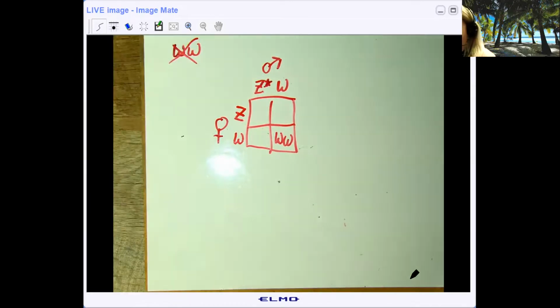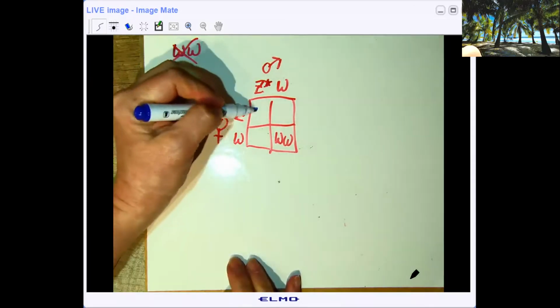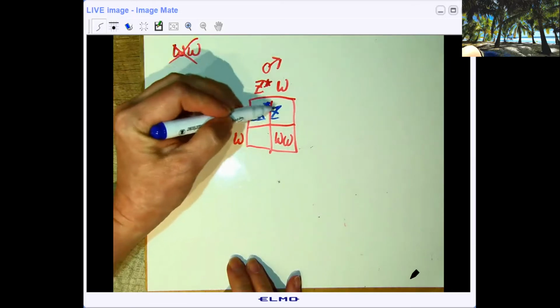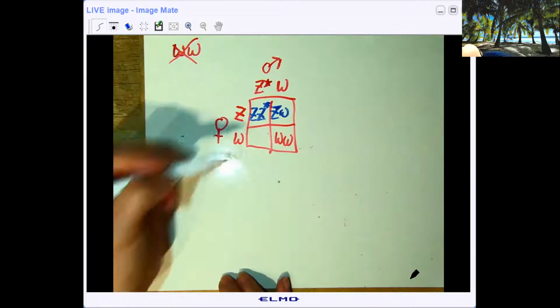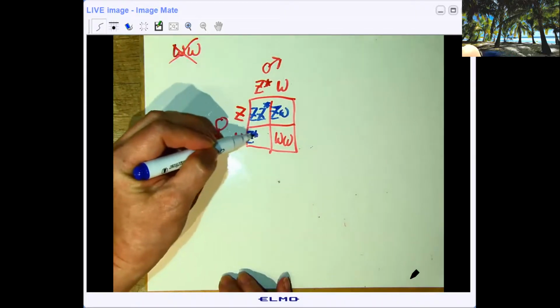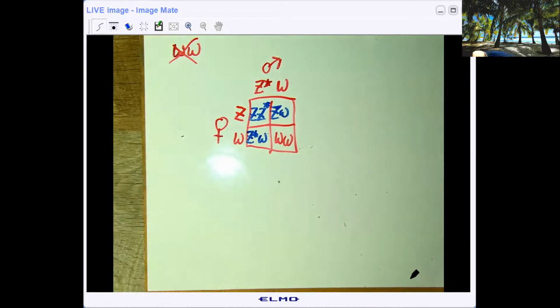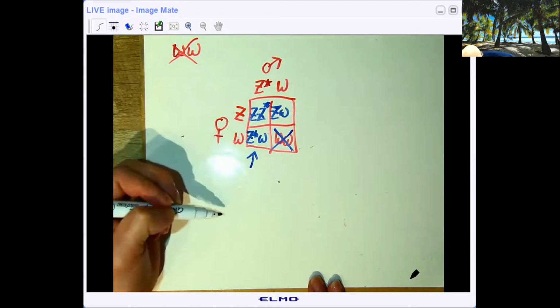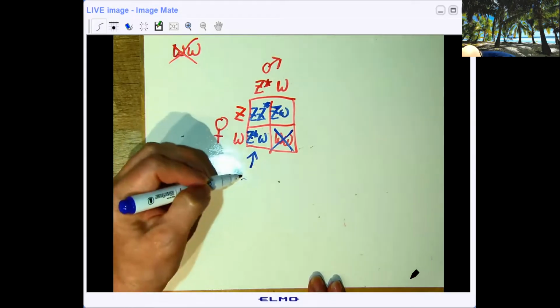So let's just go ahead and fill in the rest of this Punnett square. This offspring would be Z0. This offspring would be ZW. This offspring would be Z0W. And then, of course, we have the WW, and that would be fatal, okay? This offspring, Z0W, would that be male or female?